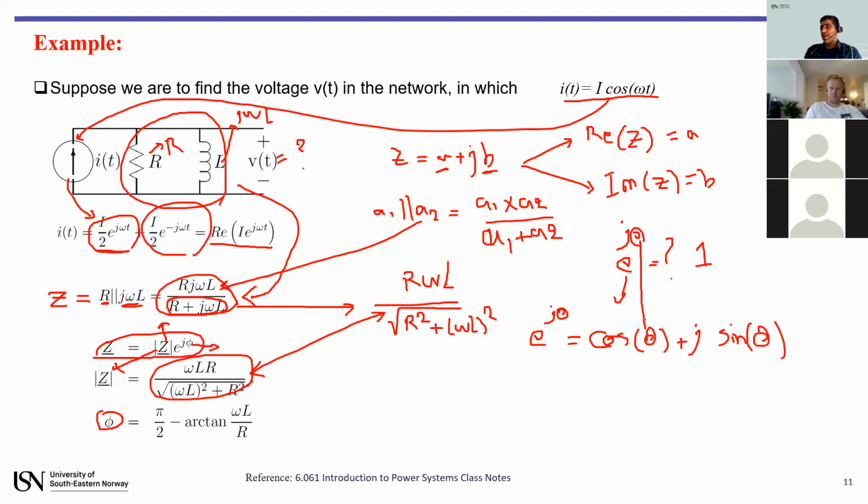If you insert 0 here, cosine 0 is 1, sine 0 is 0. So the imaginary part will be 0. Finally, we have just the real part that is 1. That's why we say E J0 is 1.